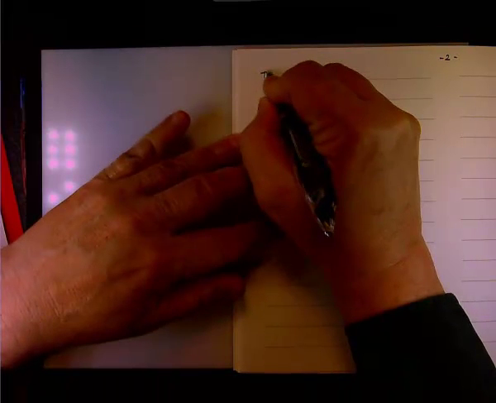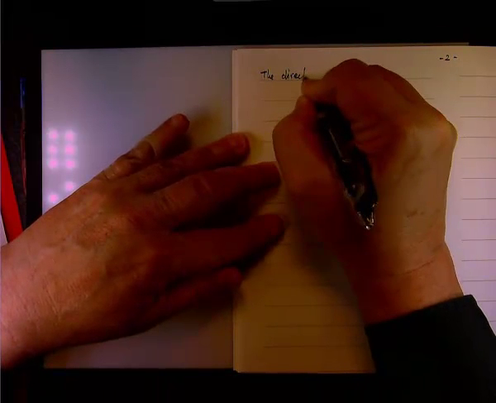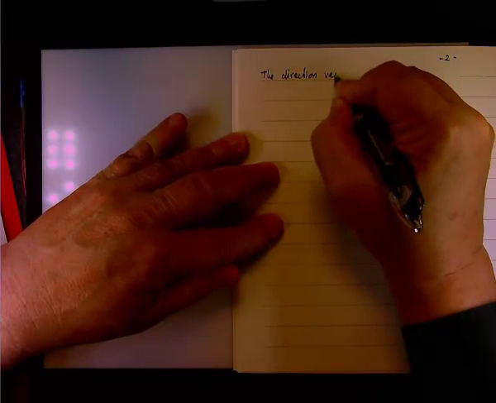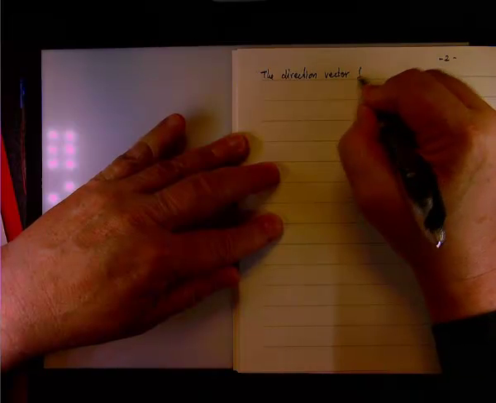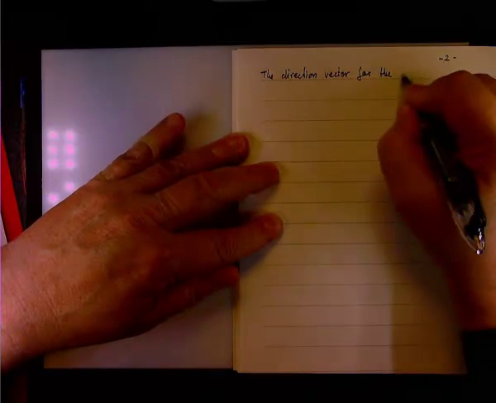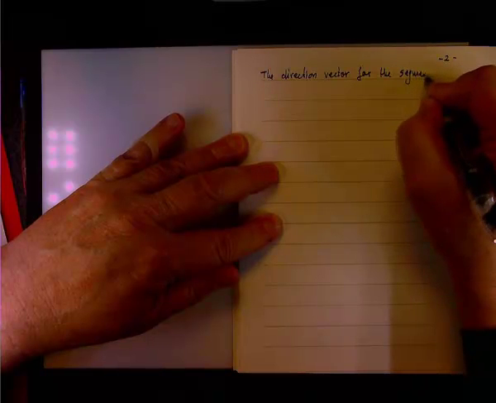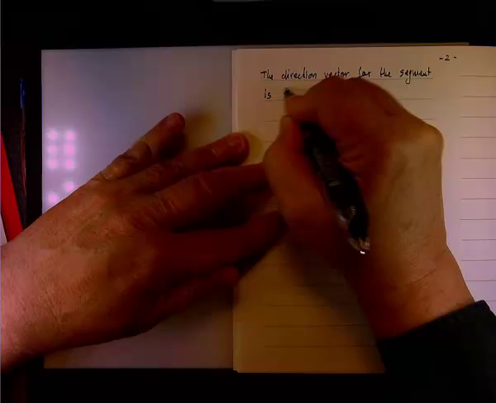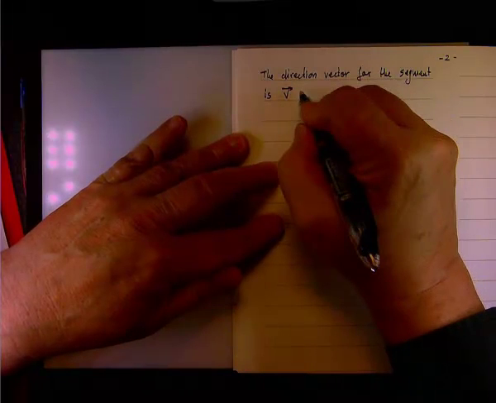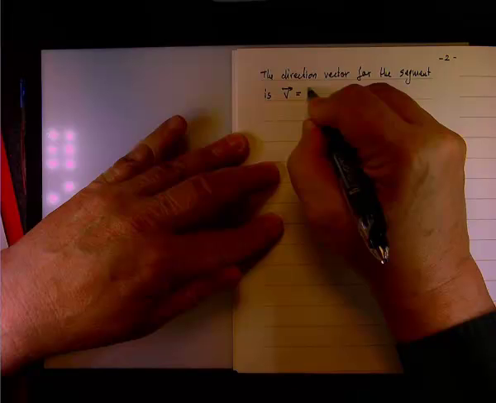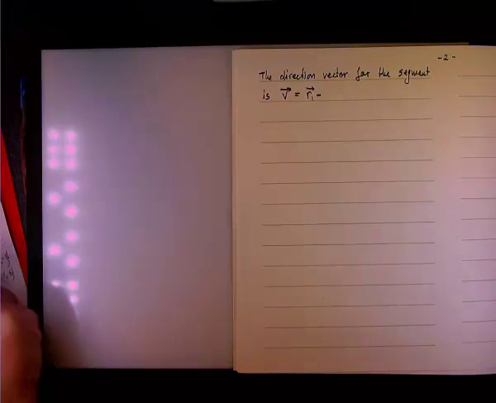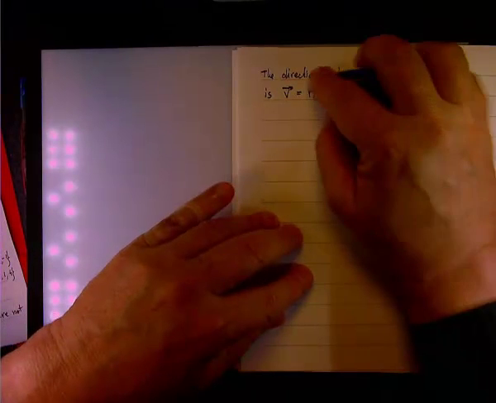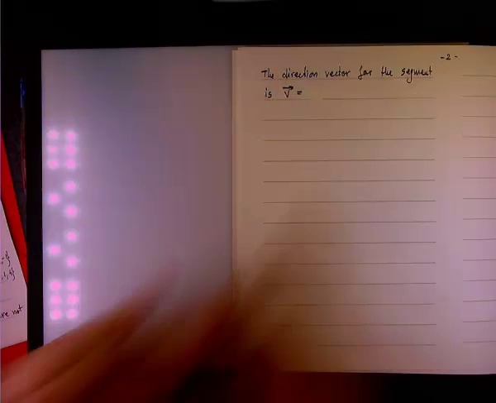Okay. So the direction vector for the segment is V. If you look carefully at the sketch, you can see that the segment itself, actually let me change the way I write it.